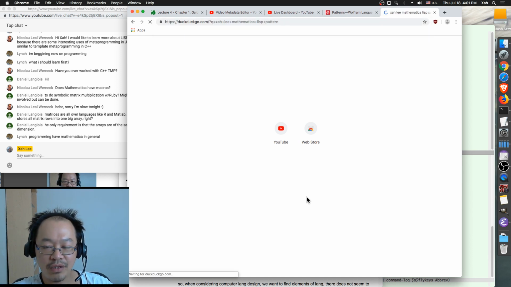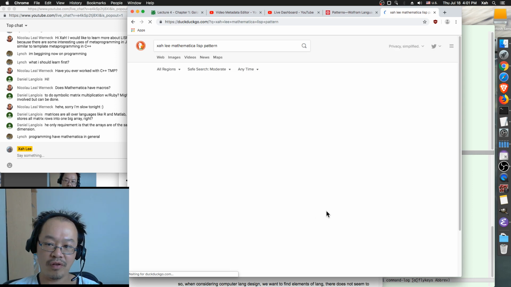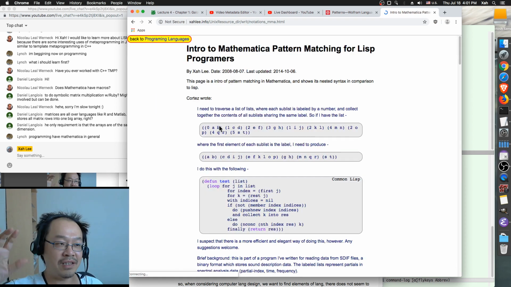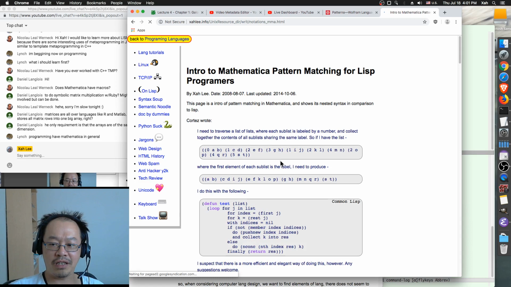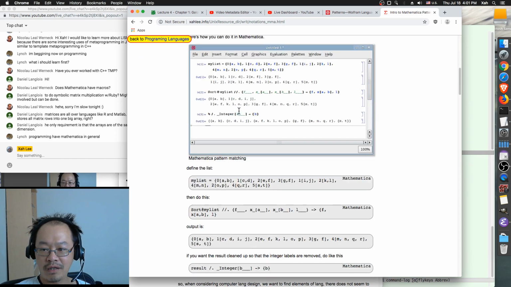But I have an introduction essay. For those of you Lispers who are interested in looking into what this whole pattern matching means, you can read this article: "Intro to Mathematica Pattern Matching for Lisp Programmers." It was written in 2008.